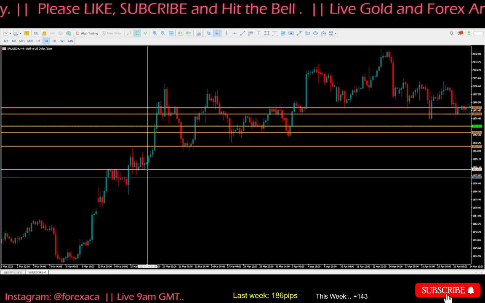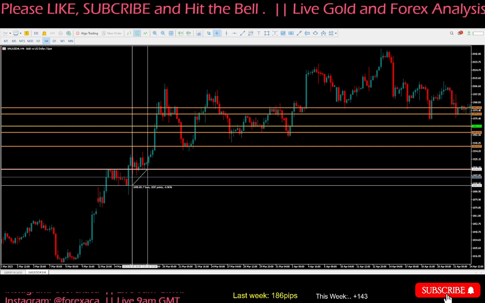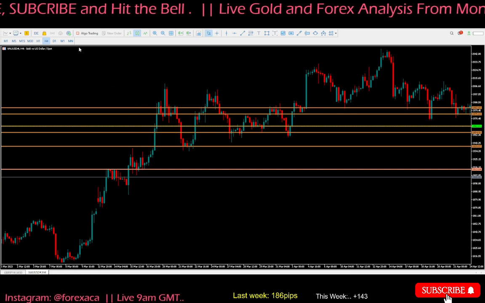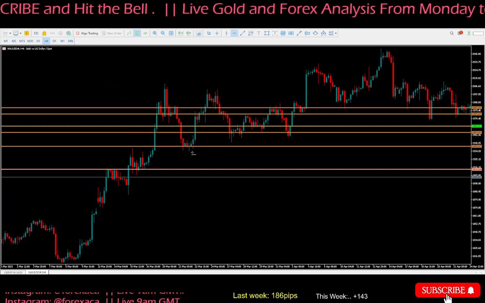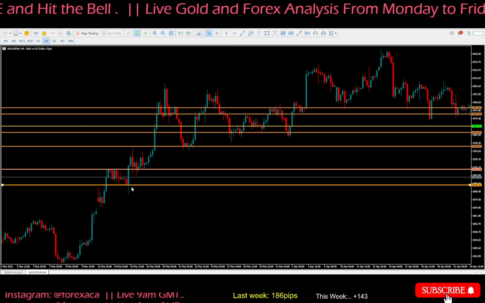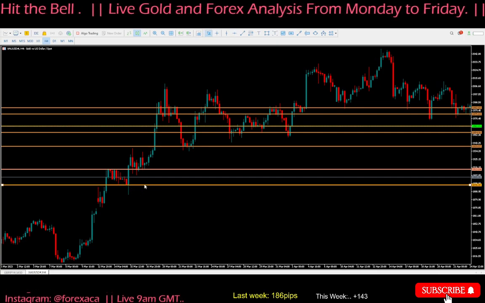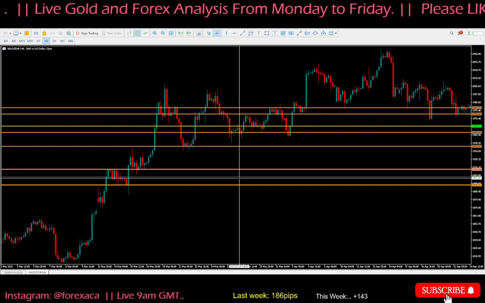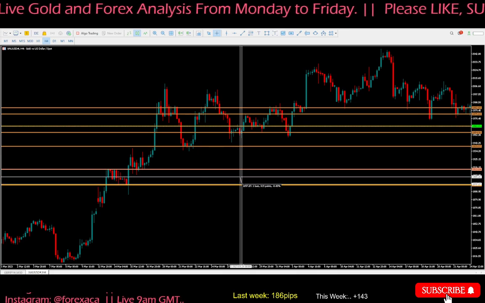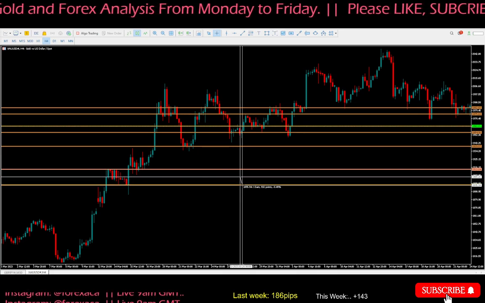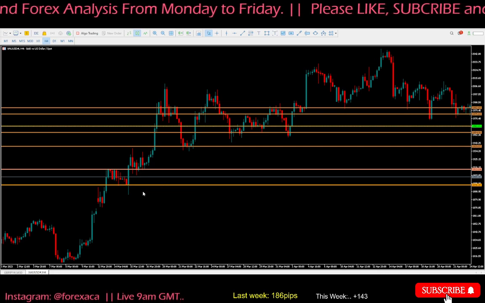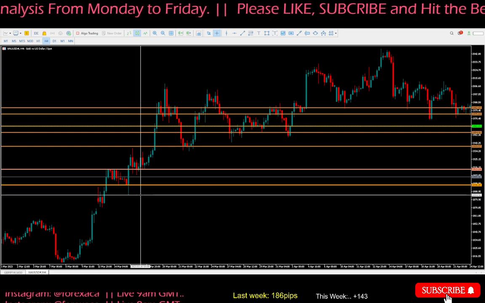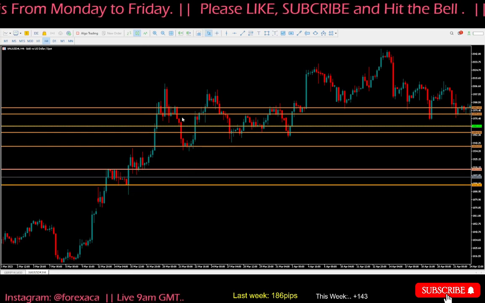The distance from here to this zone is 100 pips, so we'll probably look at this zone area. Currently the market is here, so that is almost about 90 pips. Also it can be the middle of the zone, but let's leave it till we see the market in that.